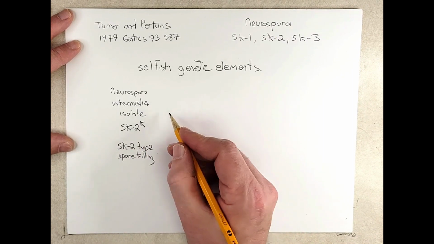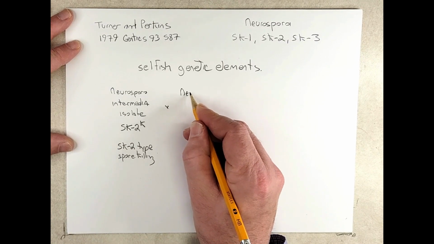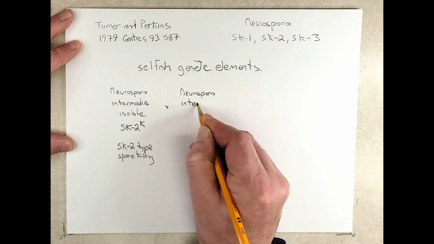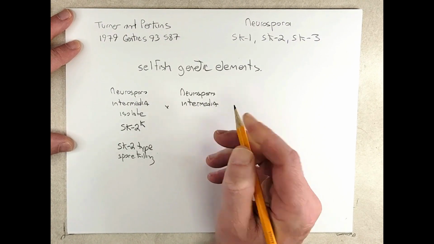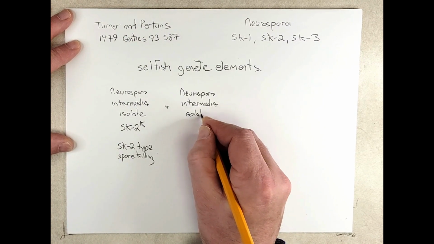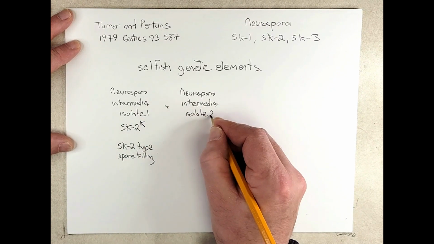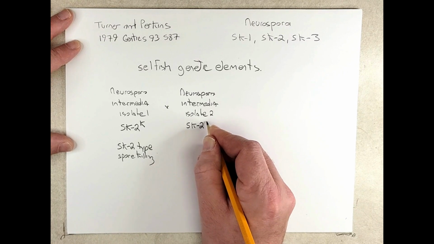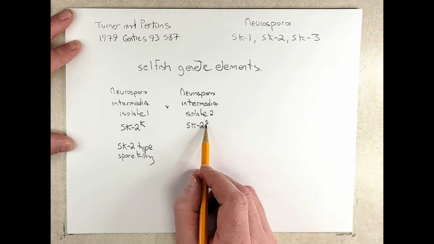As an example, let's take a different isolate. So Neurospora intermedia. Let's call this isolate 1. This one's isolate 2. Now let's say this isolate has the SK2S genotype.